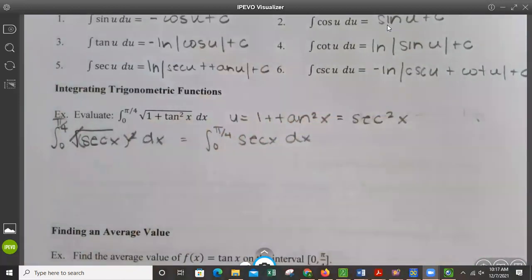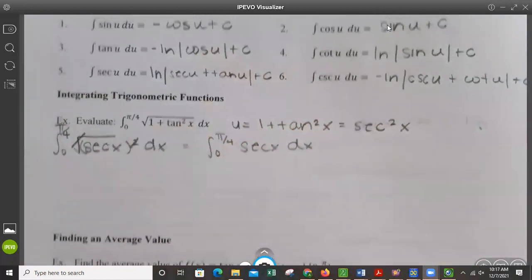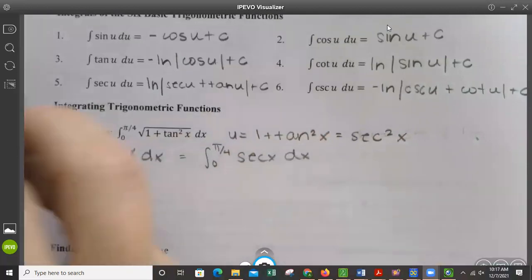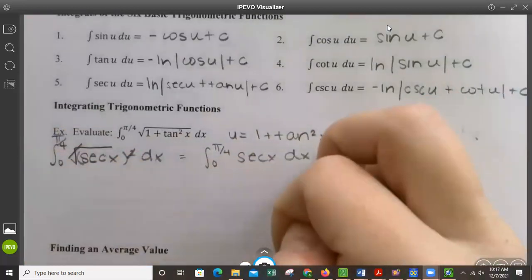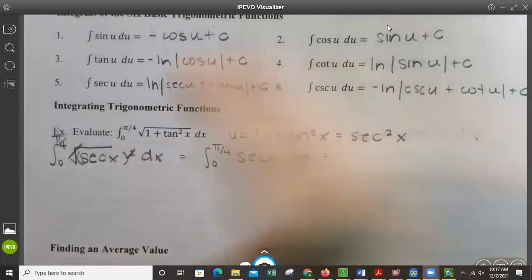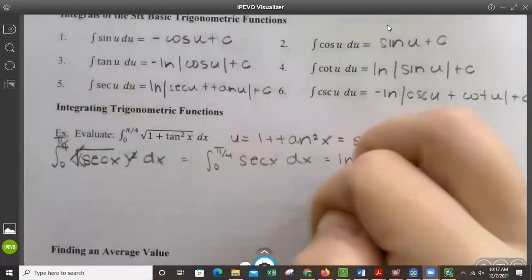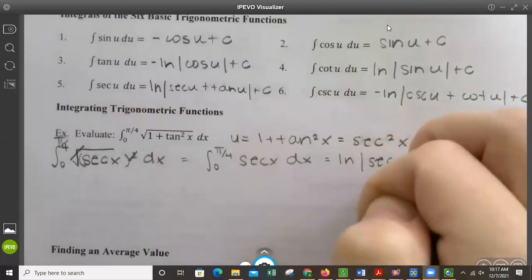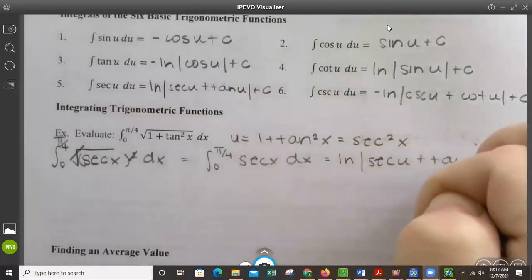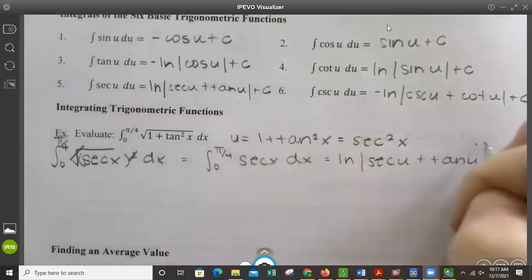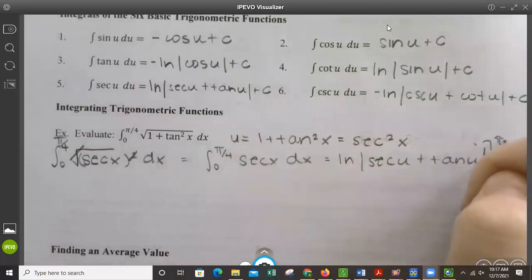We don't even have to use a u. What is your integration of secant? It's right here. And remember, we're doing that from 0 to pi over 4.